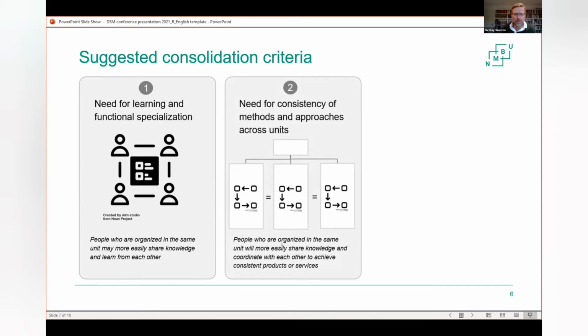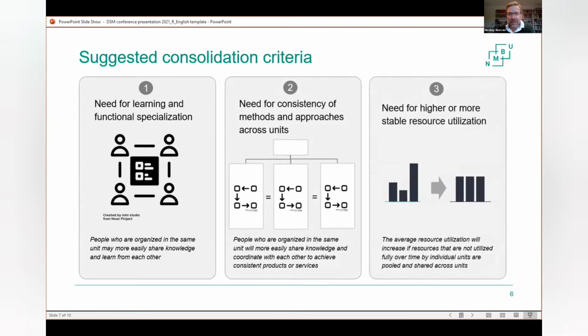So if there's a need to ensure standardization and consistency in methods, those people should probably be placed in the same unit rather than being dispersed. And the third one is resource utilization.